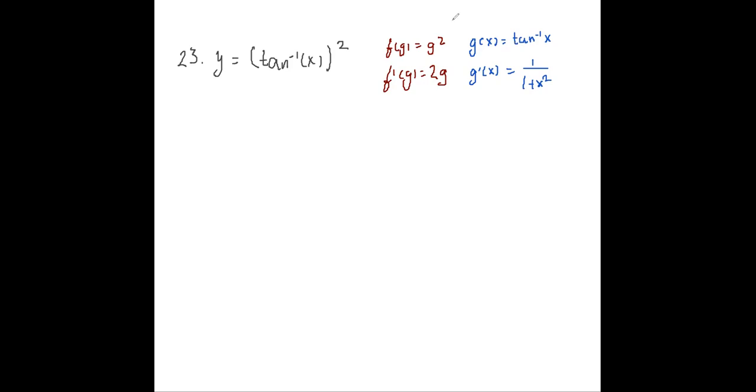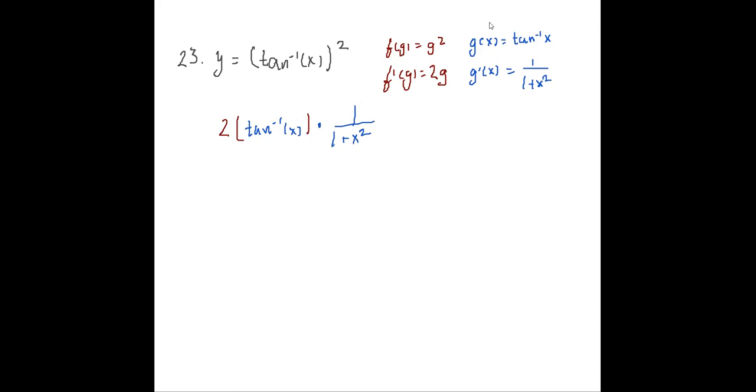So we put it together in the exact same way we normally do. We say this is 2 times the original g, which is going to be tan to the minus 1 of x, times 1 over 1 plus x squared.